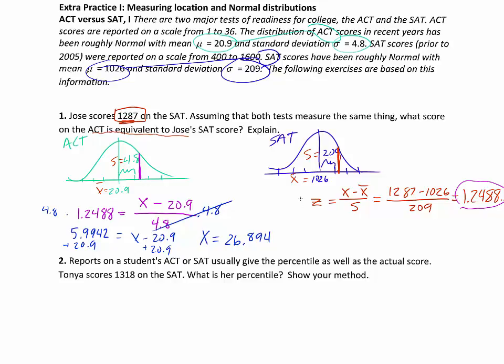So that means if Jose scored 1,287 on the SAT, a comparable score on the ACT would be a 26.89 or roughly a 27. So if he scores that well on the ACT, you would expect him to probably score roughly a 27.